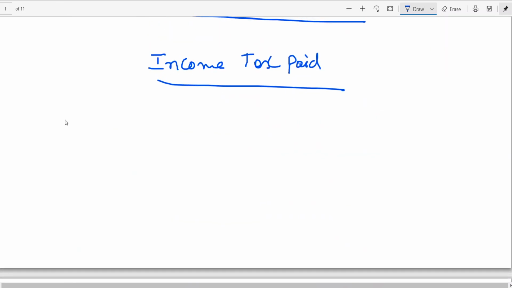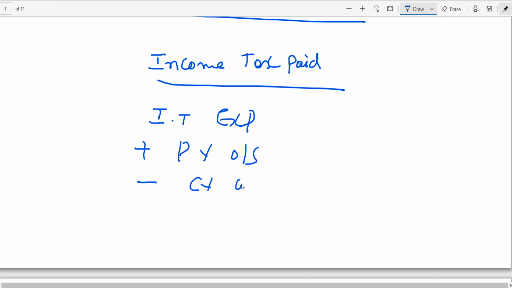So for income tax paid, I am doing: income tax expense plus previous year outstanding minus current year outstanding.